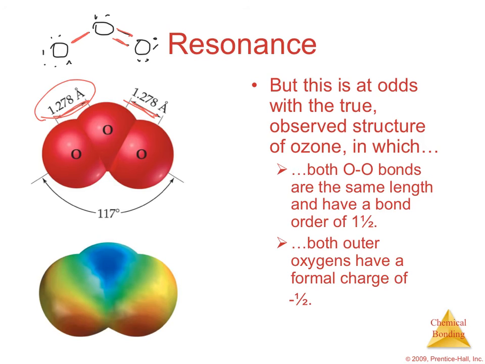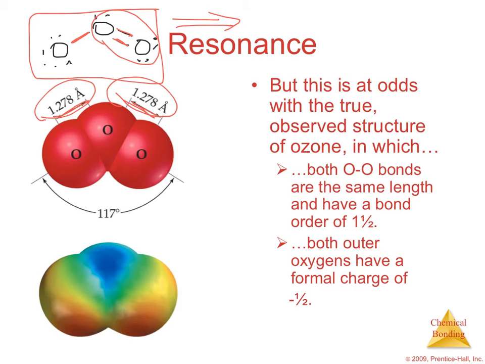They have the same strength, they have the same length, and the way we have this Lewis structure drawn implies that one of the oxygen-to-oxygen bonds should be shorter and stronger than the other one, and that's not the case. So scientists realized there was something not represented correctly in that Lewis structure for ozone.